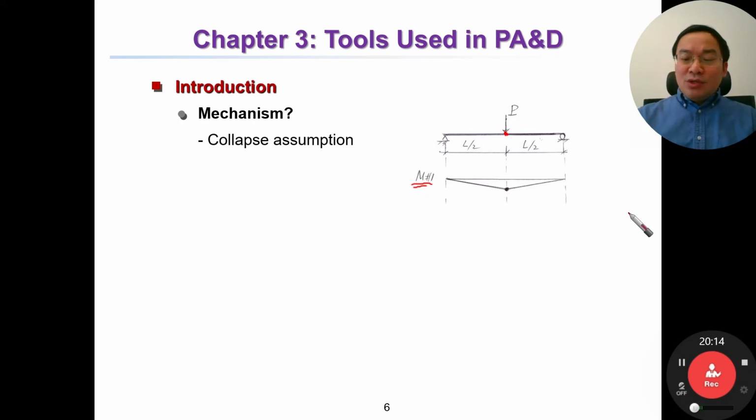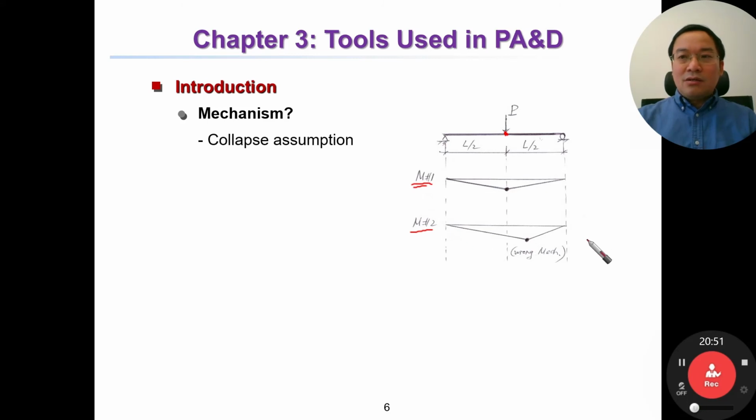Actually, we can assume different mechanisms. For example, let's say this is mechanism number 2. Because it is a very simple structure, we know that it is the wrong mechanism. This one is the good mechanism, because it is the exact mechanism.